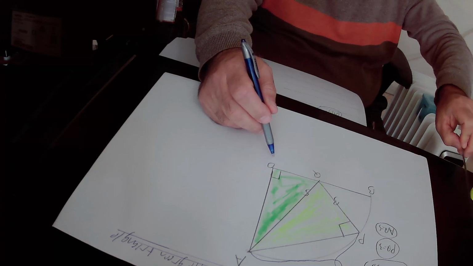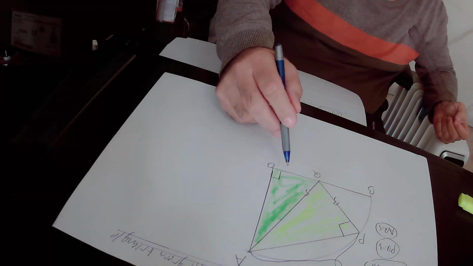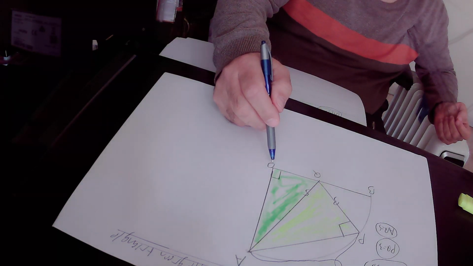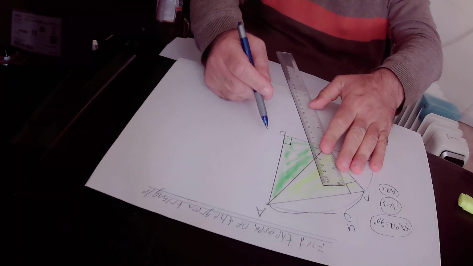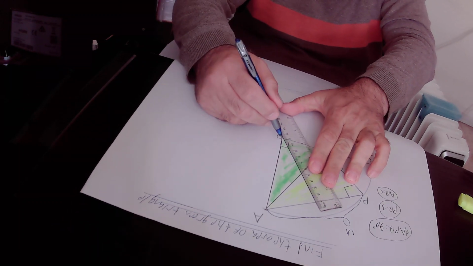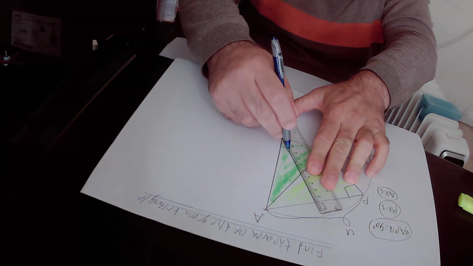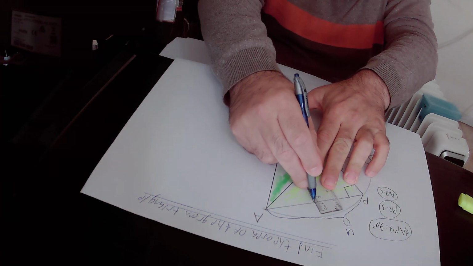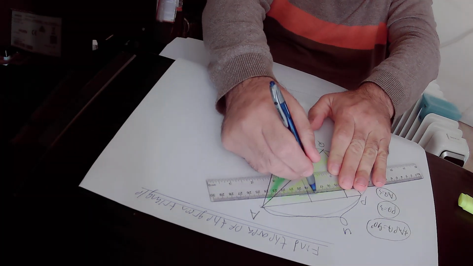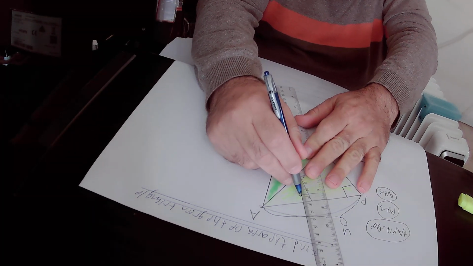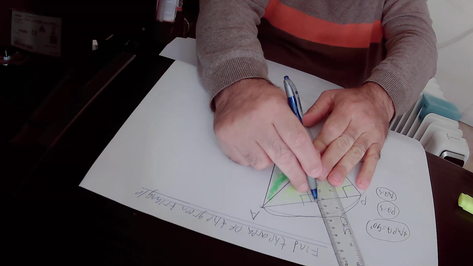So from the center of the circle, we will draw a perpendicular on chord AP. Again, from point O, we will draw a perpendicular on AP. So this angle equals 90 degrees. And this angle equals 90 degrees according to our construction.